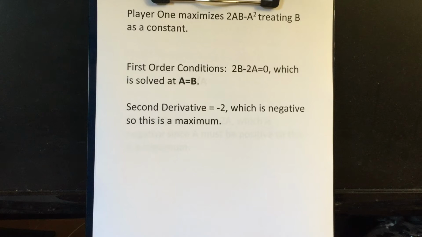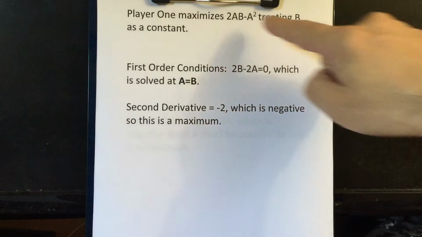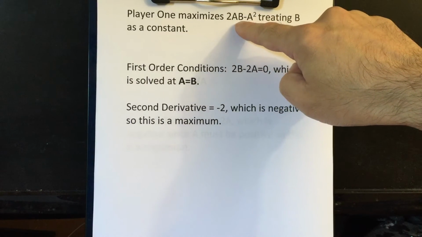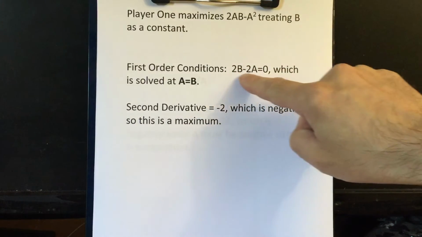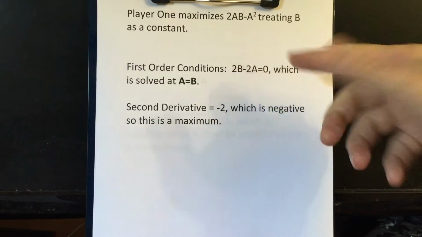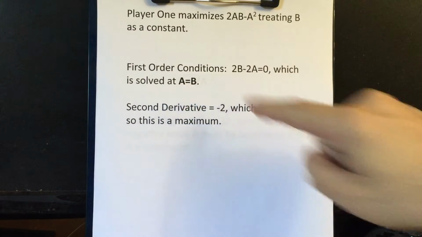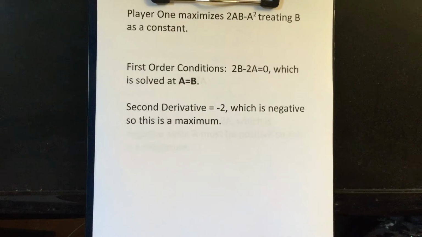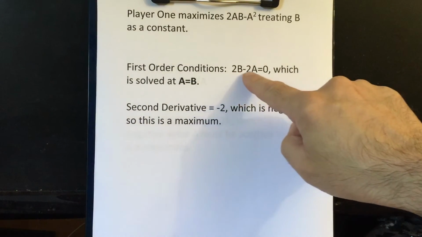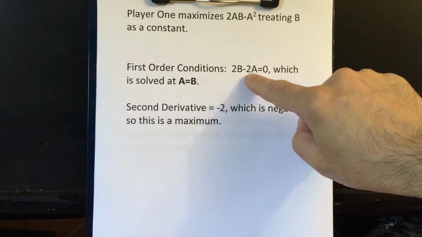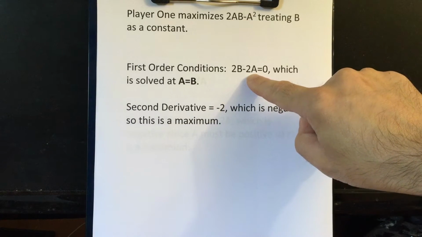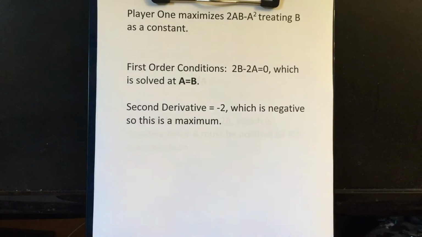That gives us our first order conditions for maximization. So again, we take the derivative of this, treating b as a constant, set it equal to 0, and we get here. Now that is solved, if you can see, as a equals b. Then we take the second derivative, right, we take the derivative of this again with respect to a, treating b as a constant, we get -2, which is negative, so we found a maximum.